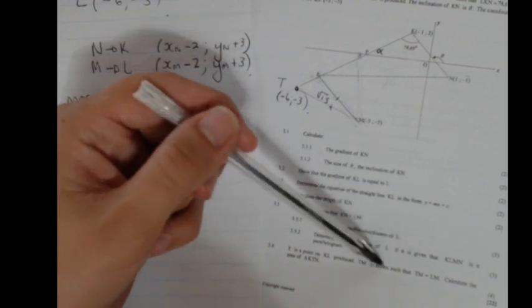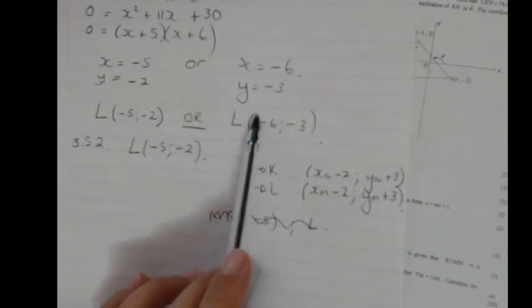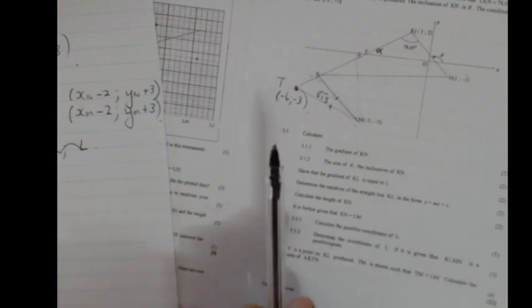TM is drawn such that TM is equal to LM. I worked with distance to get these two coordinates. Since this is L, that is then going to be the point T, which has the same distance. It's (-6, -3). Calculate the area of KTN.